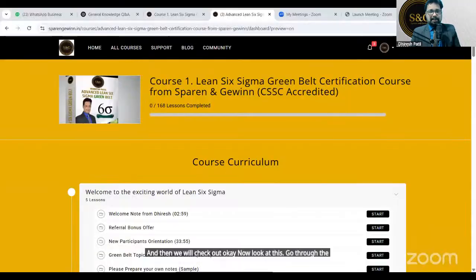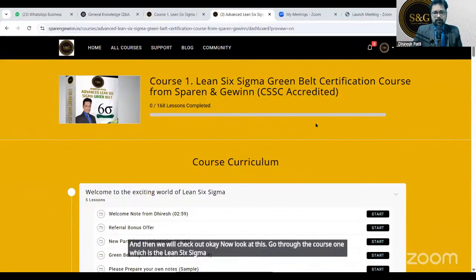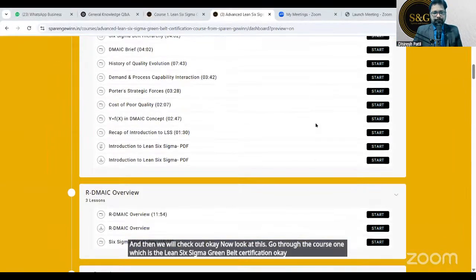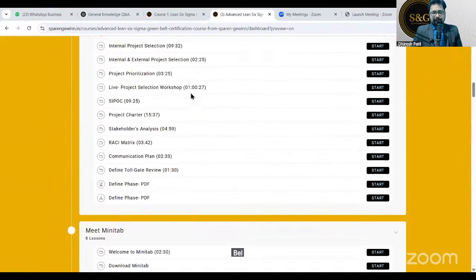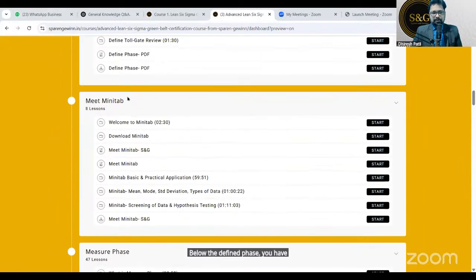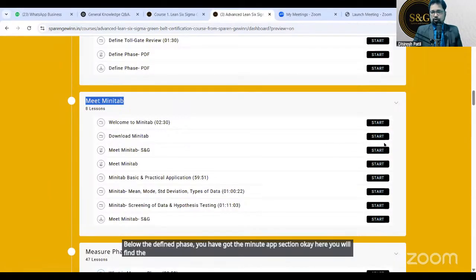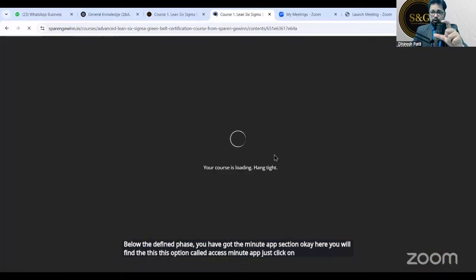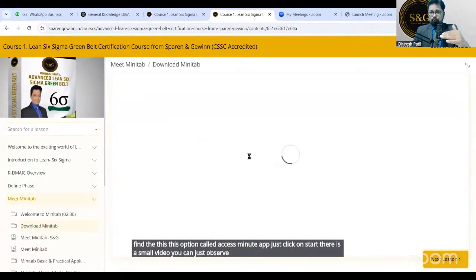Okay. Now look at this. Go through Course 1, which is the Lean Six Sigma Green Belt certification. Scroll down. Below the Define phase, you have the Minitab section. Here you will find this option called Access Minitab. Just click on Start. There is a small video you can observe on how to process that.